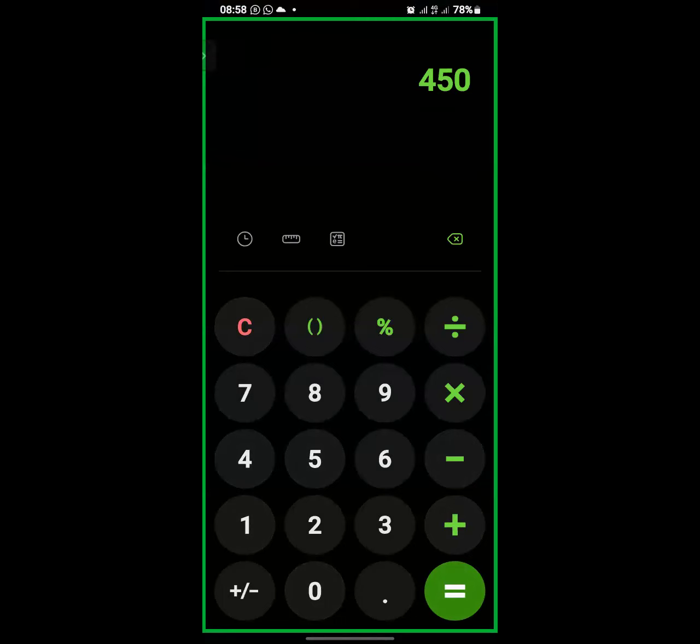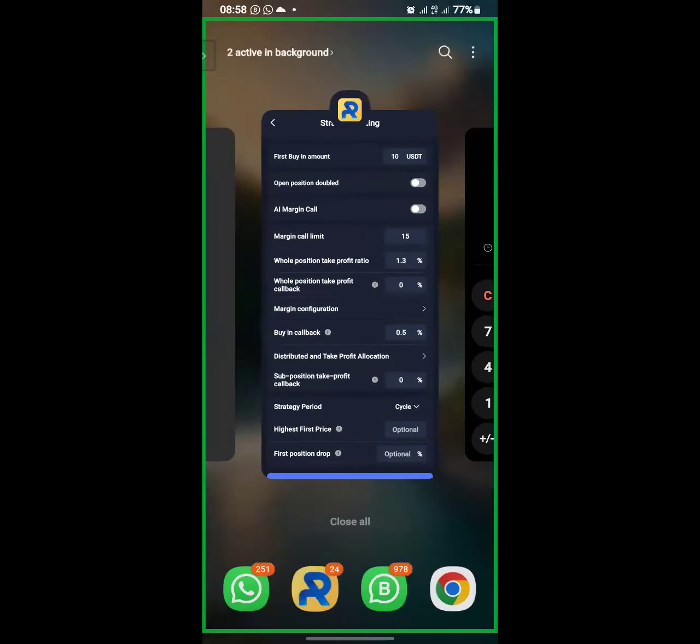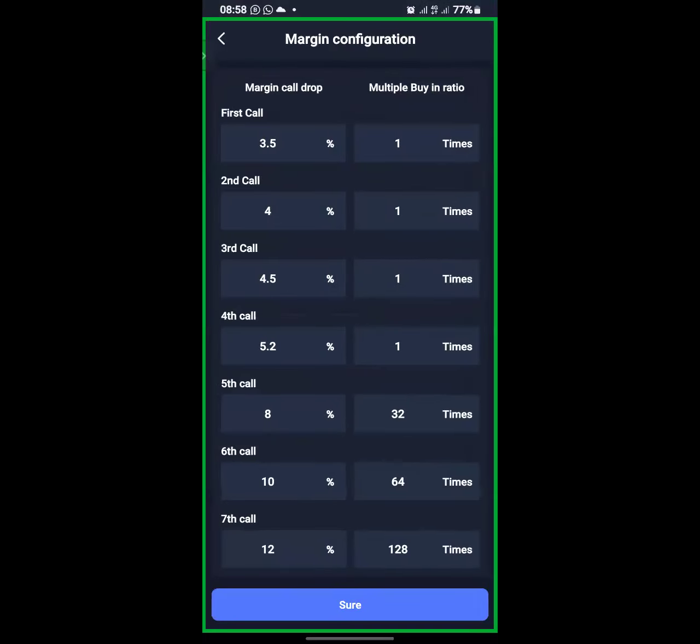Now that I'm remaining with 11 margin calls, I'm going to divide the rest of the capital into 11 margin calls, and I get 40.9. So on average, we are going to use 40. Each and every call is going to be carrying $40.